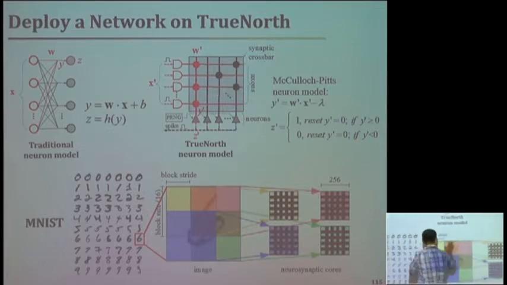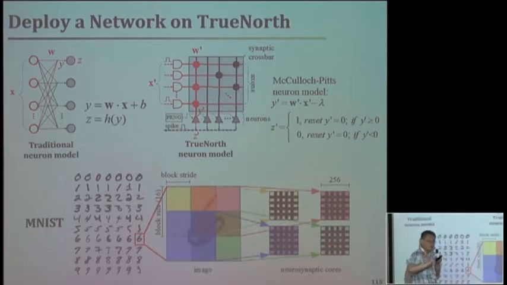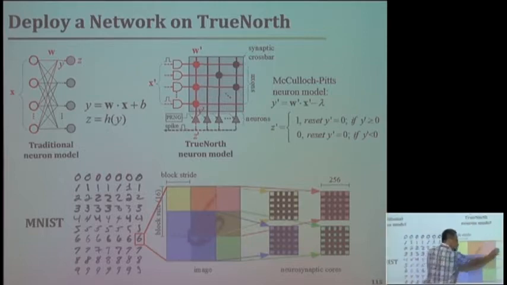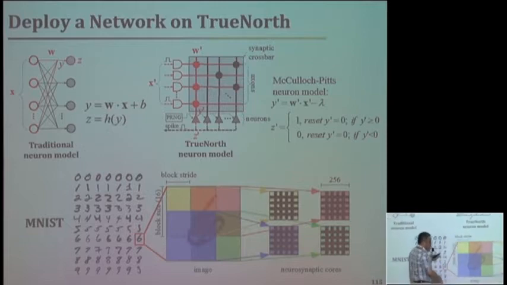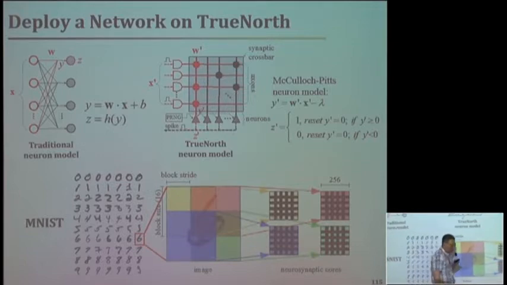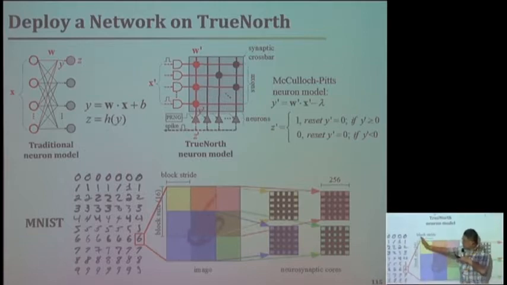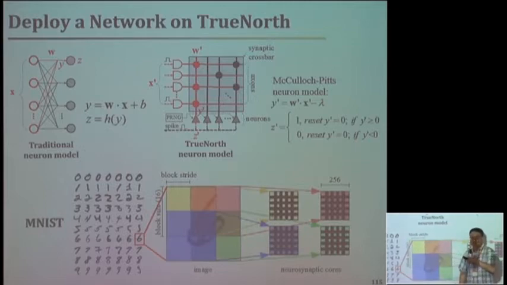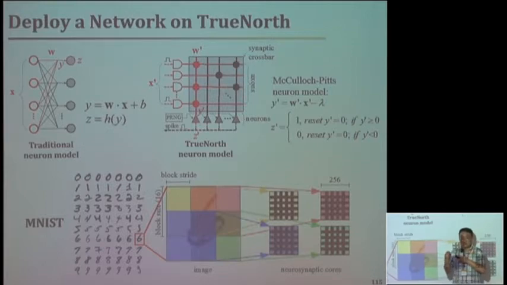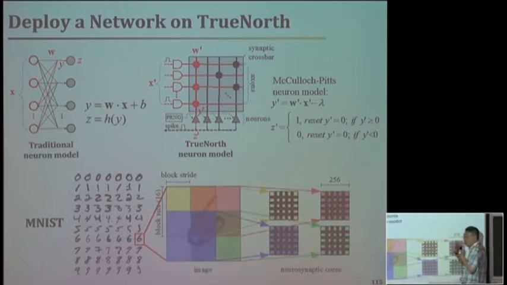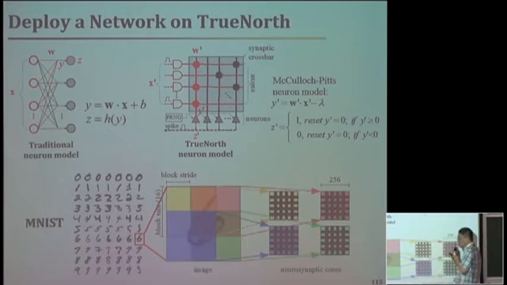And since we need to cover the whole image, we actually need to slide this block in different directions, to this direction, to that direction. And this block stride is an important parameter in the mapping. The smaller the stride, which means the number of pixels we move, the higher accuracy we generate in general, and the more mappings we generate, which means we are going to occupy more neurosynaptic cores.